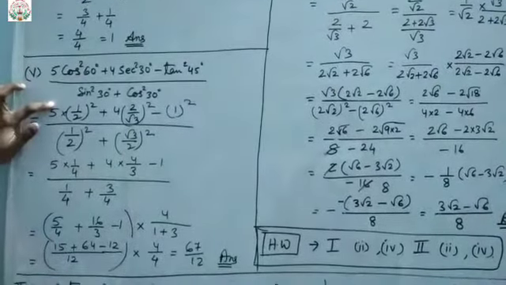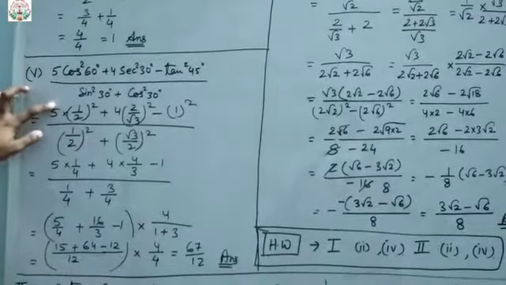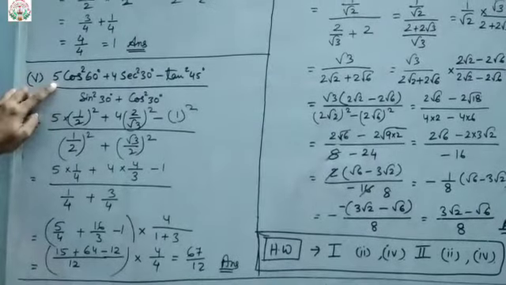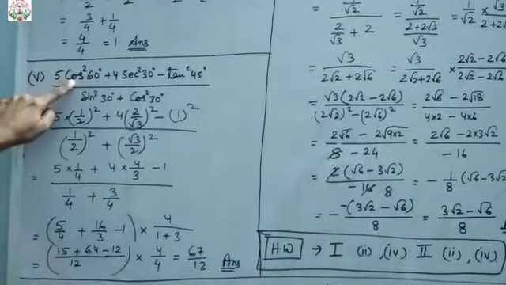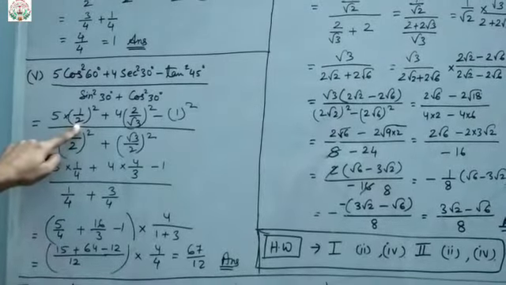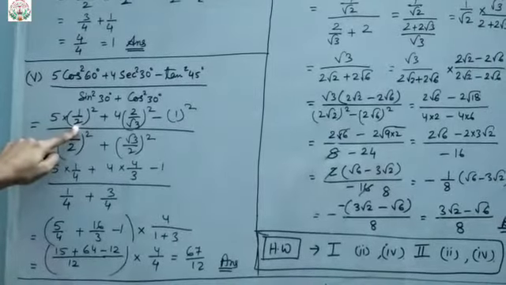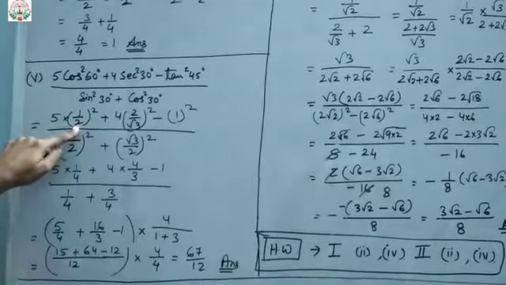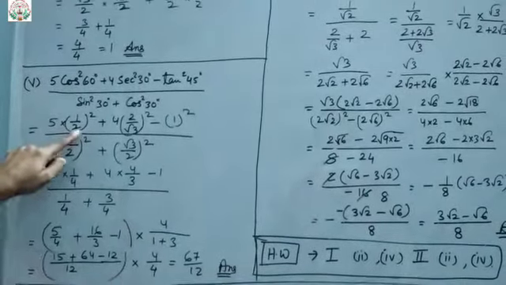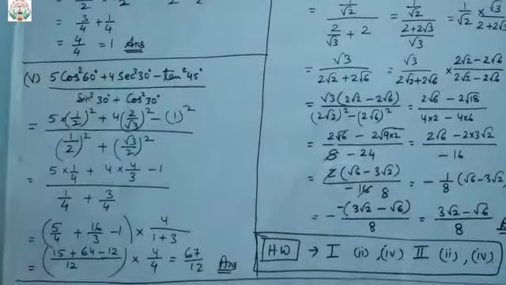Okay. So now this you can do in two ways, that is simply put the values. 5 into cos square 60. Cos 60, what is the value? 1 upon 2. So 1 upon 2 whole square, because cos square is given, you put the cos 60 value and then square it, plus 4 into sec square 30 degree.